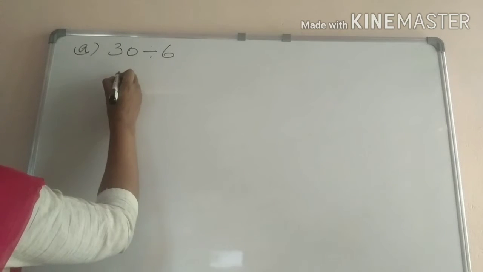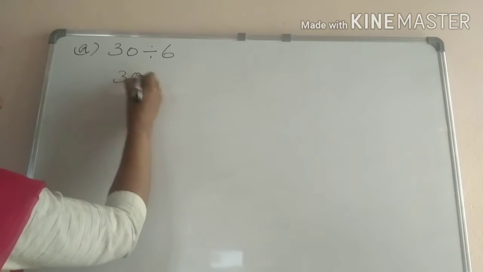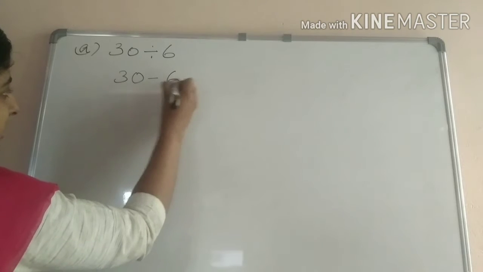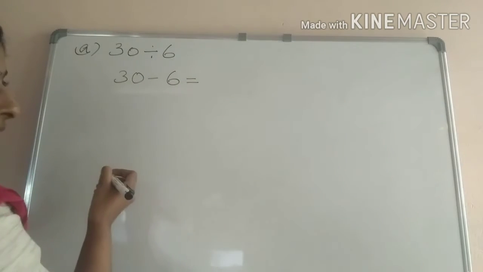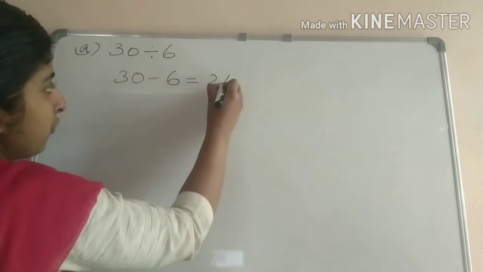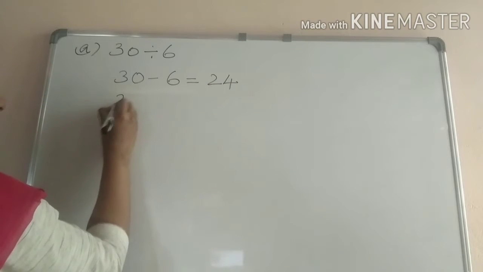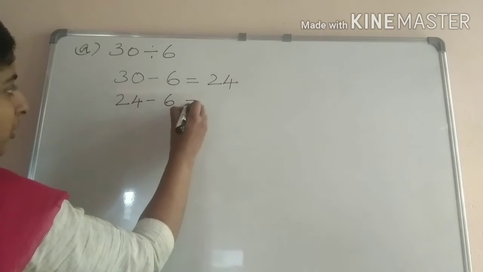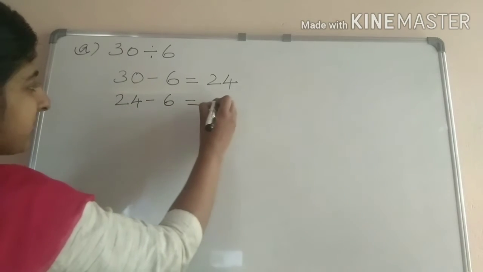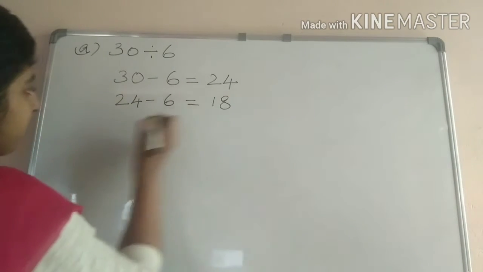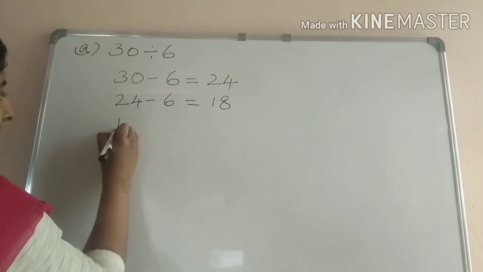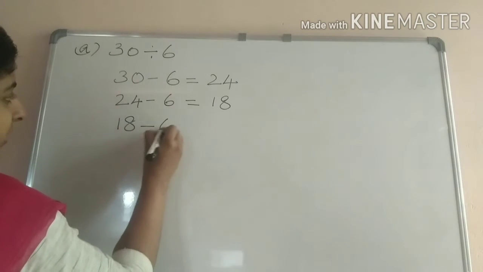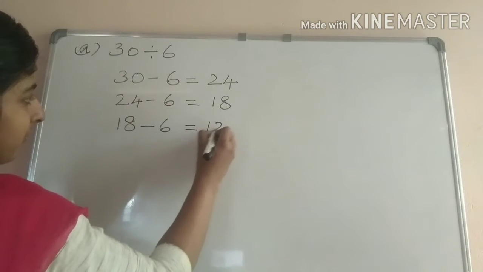30 minus divisor 6 is 24. Then 24 minus 6 is 18. Then 18 minus 6 is 12.